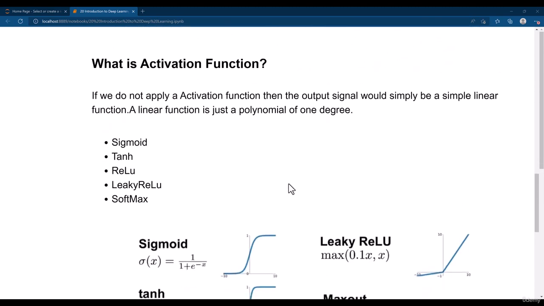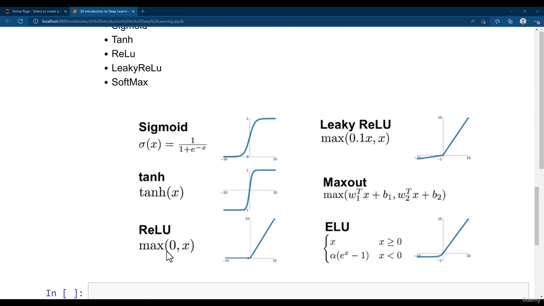So that's what we are seeing here. It says the maximum of 0 or x. So when x is negative, obviously 0 is the maximum. When x is positive, then obviously x will be the maximum. That's why in this activation function, when I say x, it is not exactly the input x.